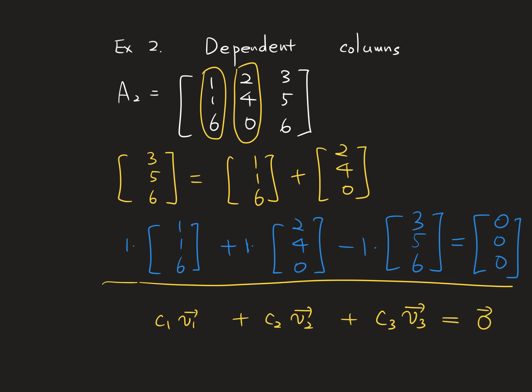But for linear independence, we have to have only the trivial solution, C1, C2, C3 equal to 0. But in this case, we have a non-trivial solution: 1, 1, and minus 1. We can generate a 0 vector here. So that's why we can say the columns of matrix A2 are dependent.